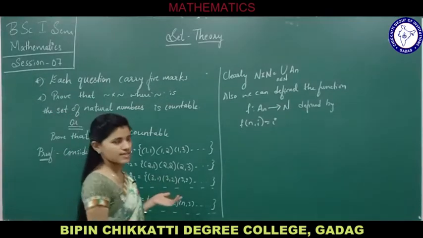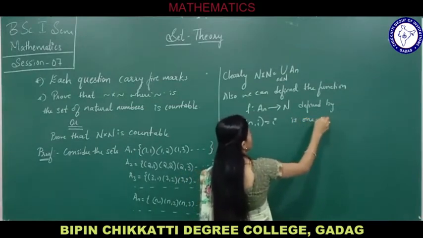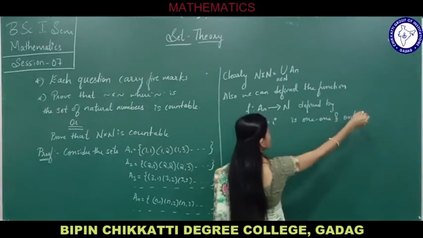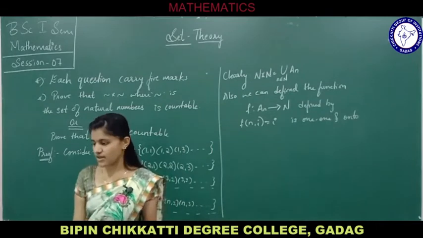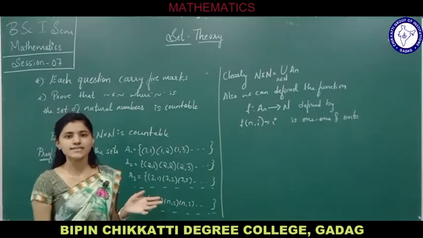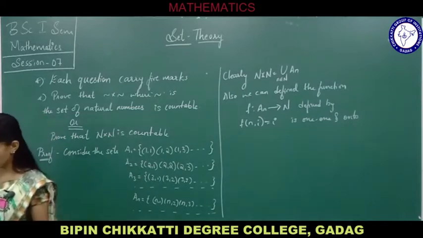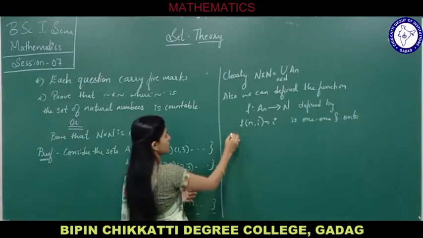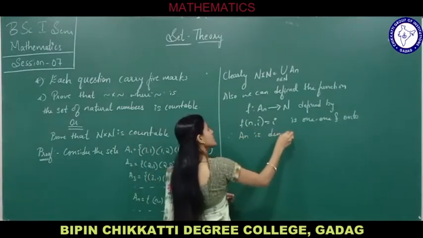Then only we can say, that is, one-one and onto. Now what happens if it is one-one and onto? We have studied: if it is one-one and onto, then an is denumerable, right? Therefore what can we say? an is denumerable.